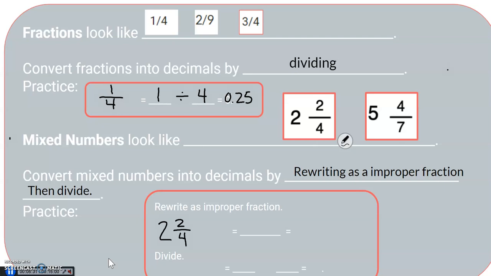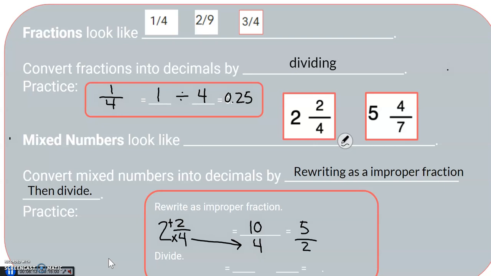So as an improper fraction, we are going to multiply the bottom by the whole number. So 4 times 2 is 8. And then we're going to add it to the top. So 8 plus 2 is 10. So we'll put our 10 on top. And then we'll just bring the number 4 over. Okay. And then this will simplify to 5 halves.